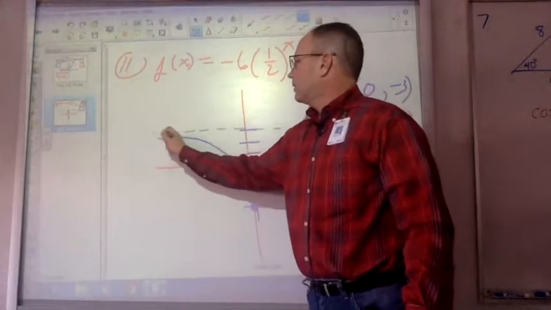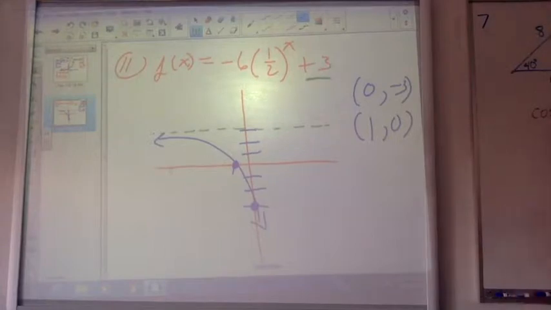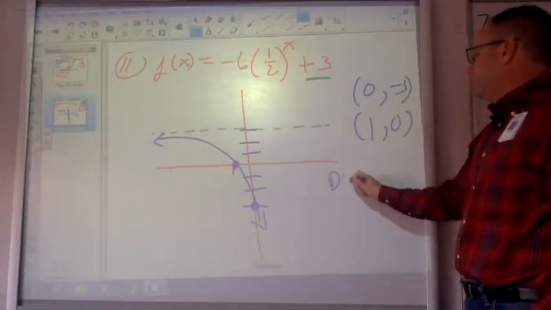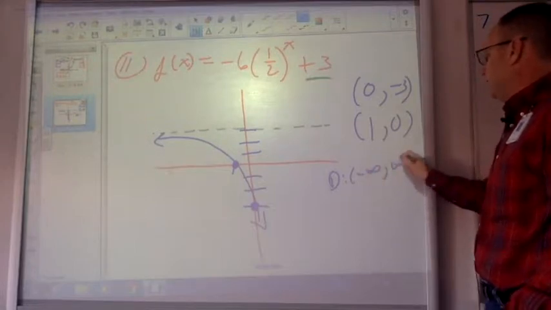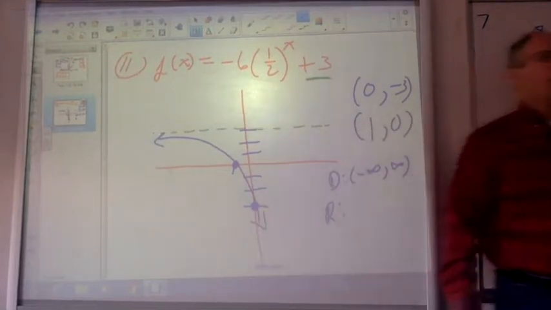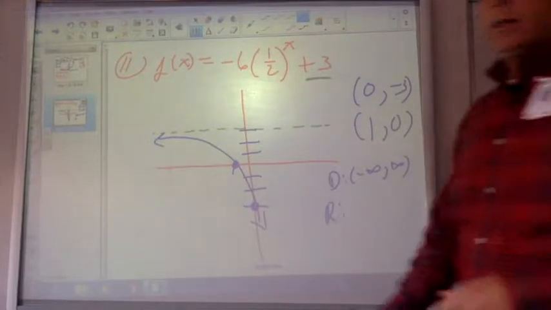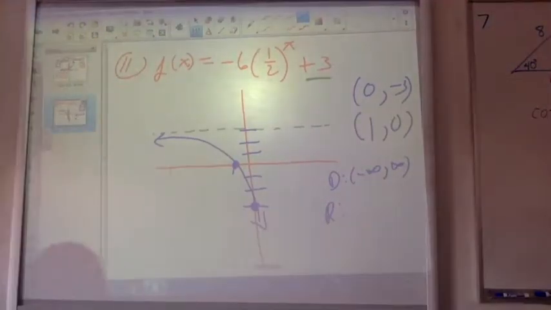Let's graph this. Okay, and then it asks for describe the domain and range. Well, the domain, again, will always be negative to positive infinity. The range, as I'm going left, what number am I approaching? In the y direction. I have a question. Yeah, hang on. What number am I approaching?